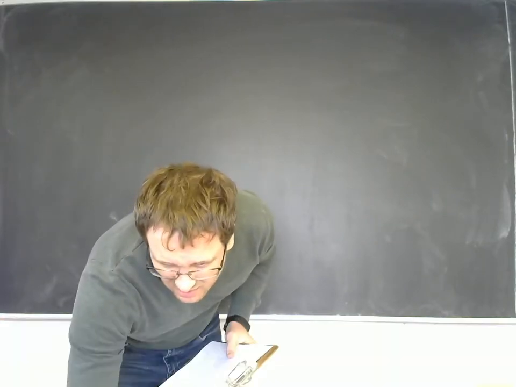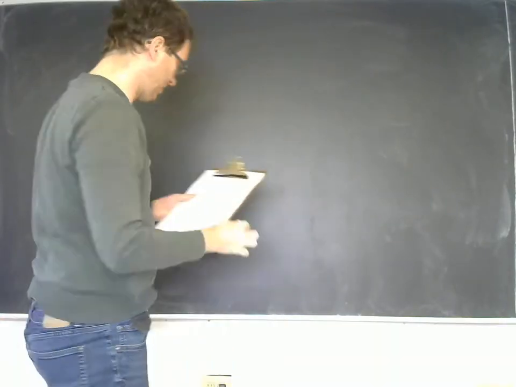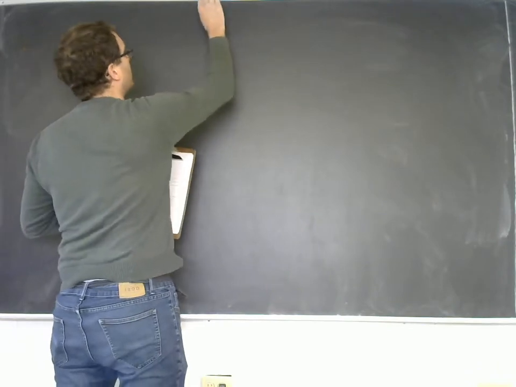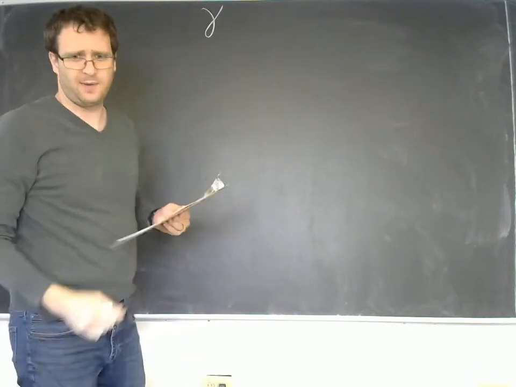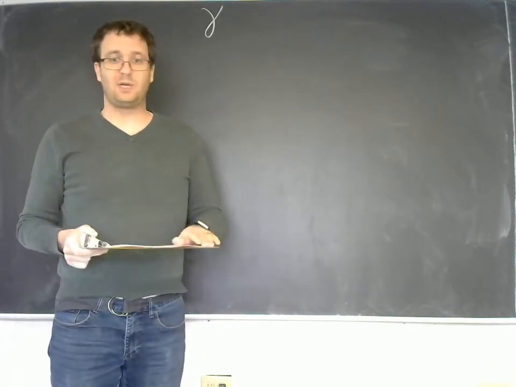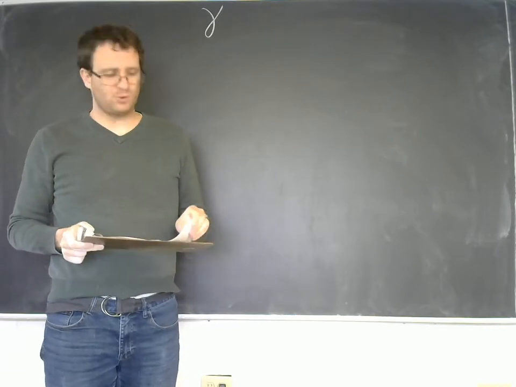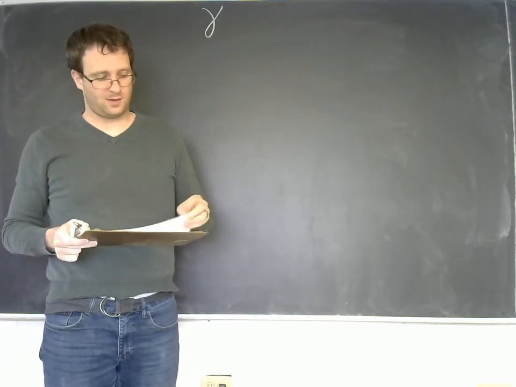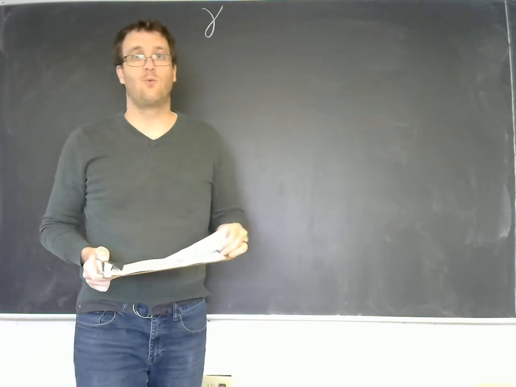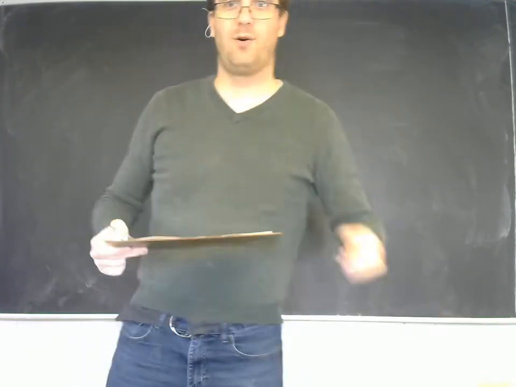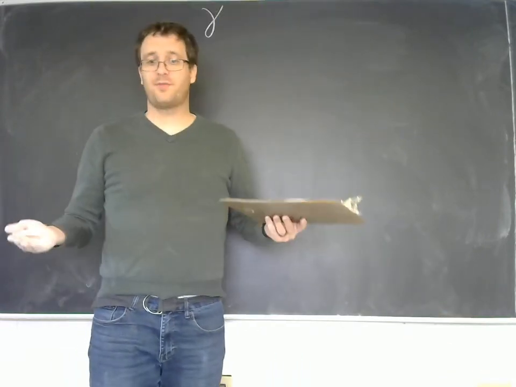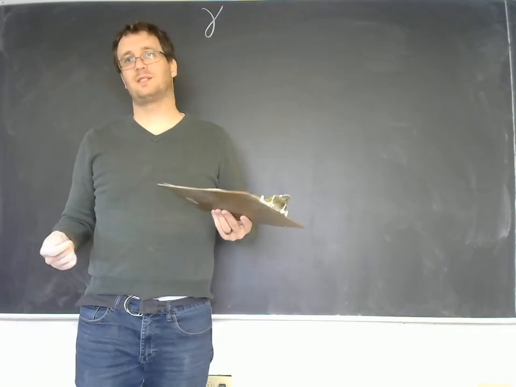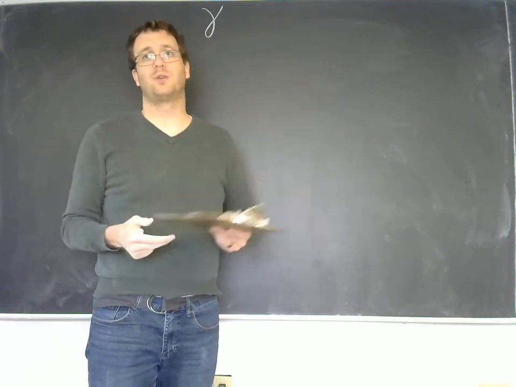All right. So the next type of radioactive decay is gamma decay. And it should be noted that most radioactive reactions will emit a gamma particle. We'll leave it off though, unless it's particularly important to us at that time.